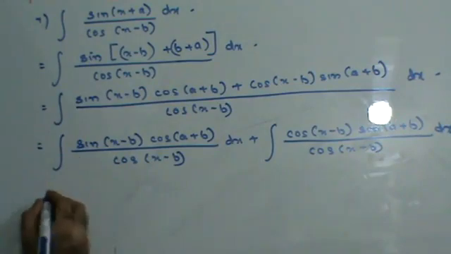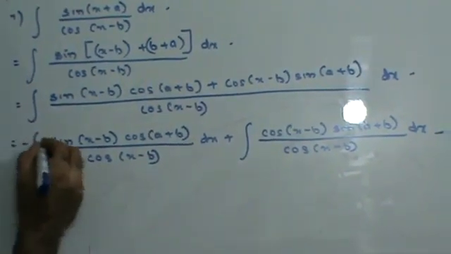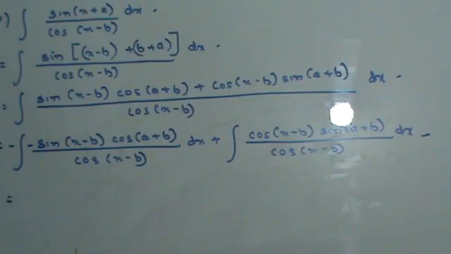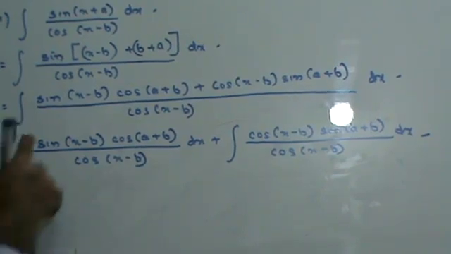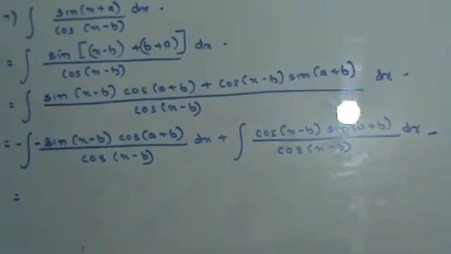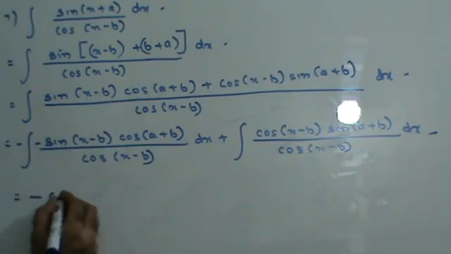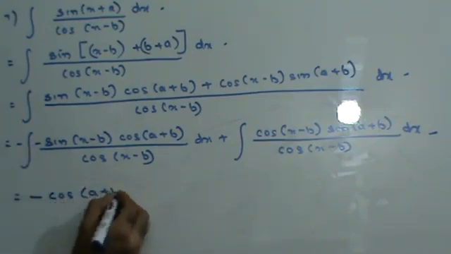Now d by dx of cos(x minus b) is minus sin(x minus b), multiply by minus outside, multiply by minus inside. That way the term in the numerator will become the derivative of the term in the denominator. The constant comes outside the integral sign and multiplies with this minus. So minus cos(a plus b).